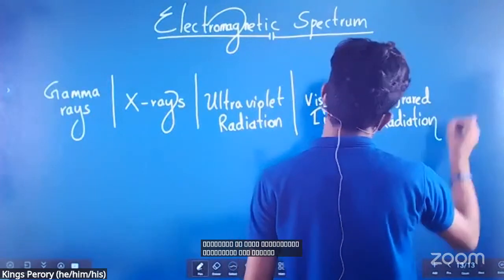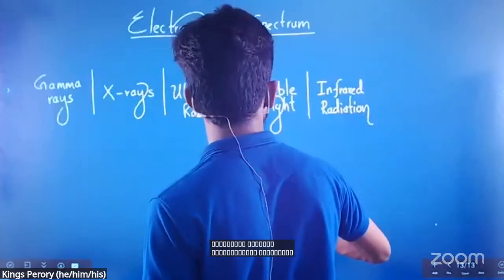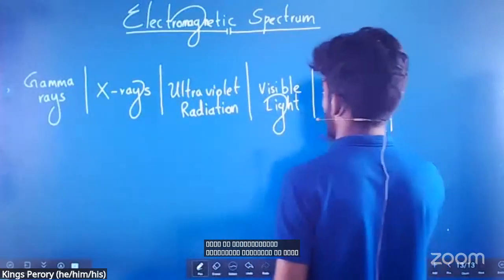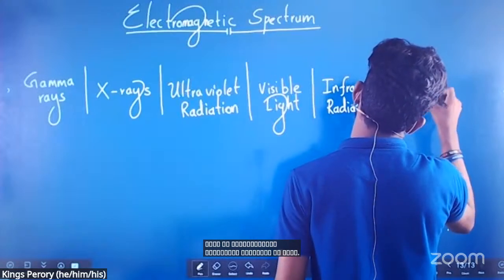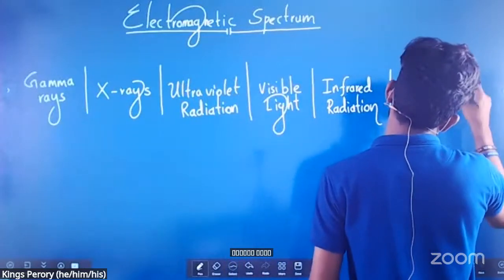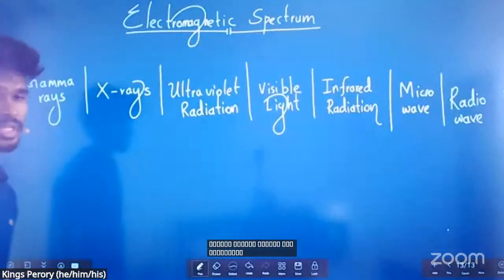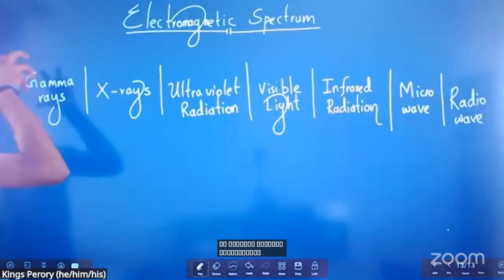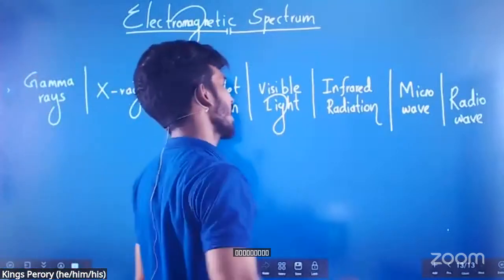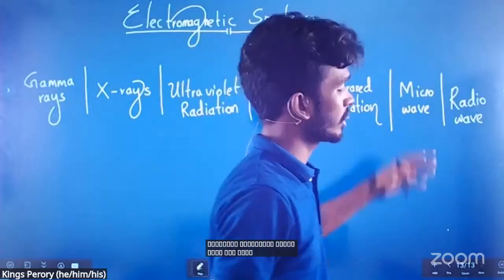After infrared radiation, next we have microwave. Finally, radio wave. Open the mouth and tell me the electromagnetic spectrum. Gamma rays, X-rays, ultraviolet radiation, visible light, infrared radiation, also called IR, microwave, radio wave.